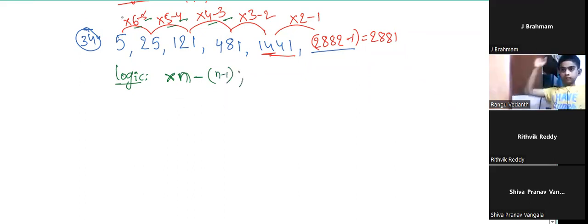Where n is 6, 5, 4, 3, 2, what are these numbers? Consecutive natural numbers, but decreasing natural numbers, where n is a natural number, consecutive and decreasing.